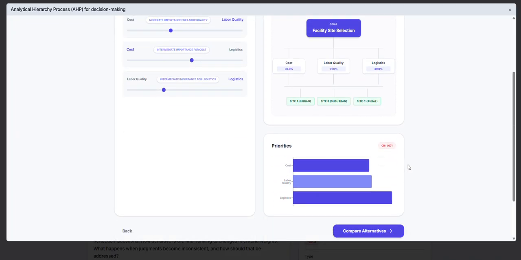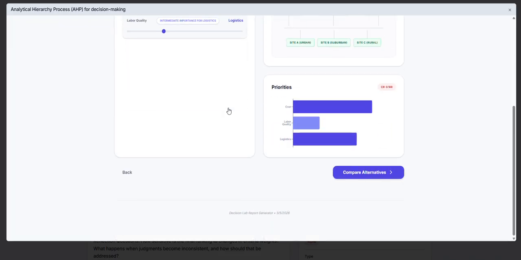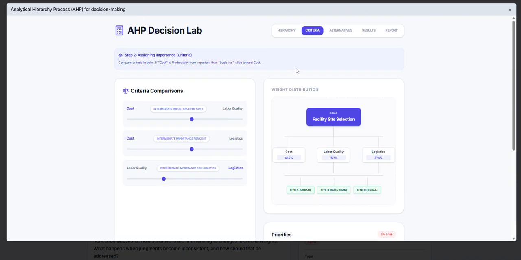We have the priorities listed here, and if we are not happy with it, we can always choose different weightings here. Okay, the next step is to check the alternatives.